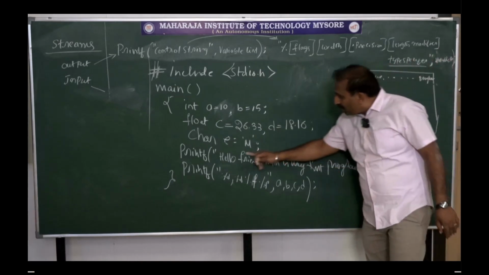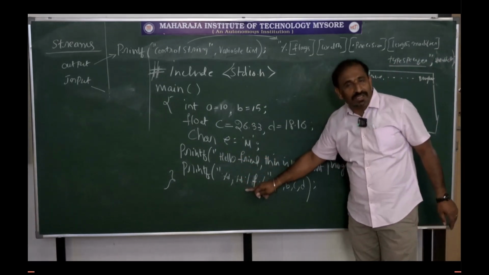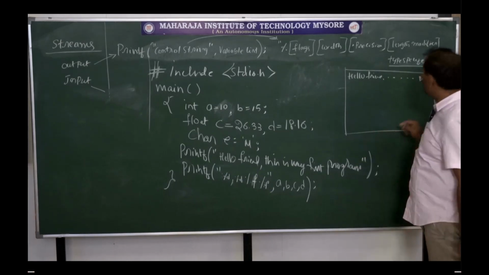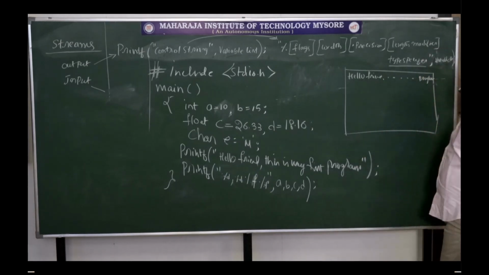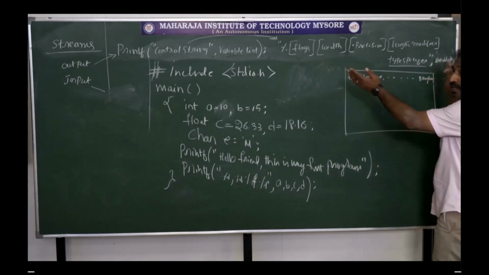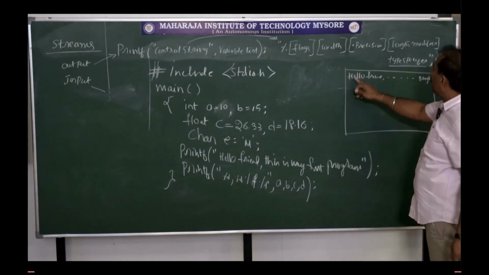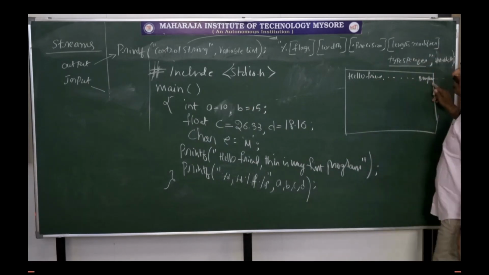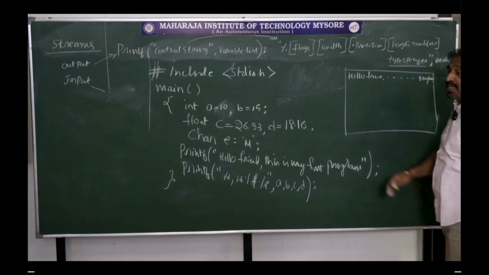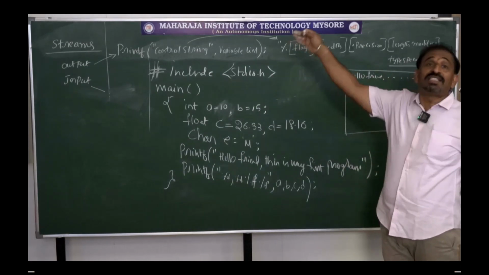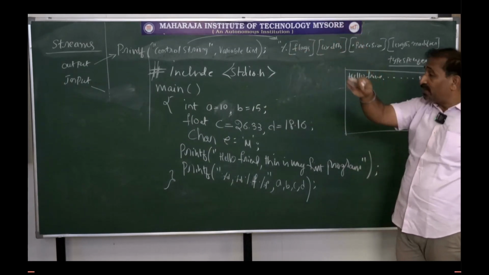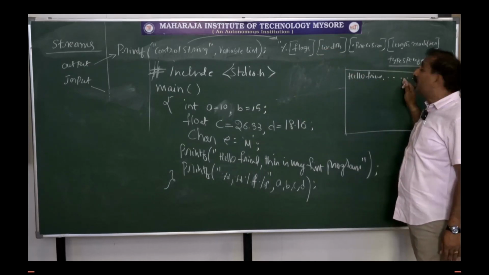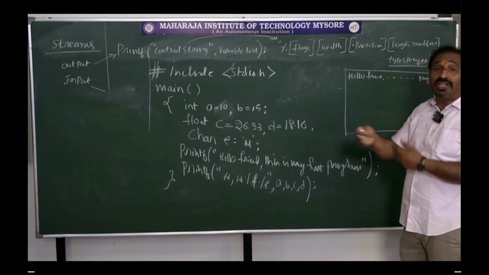Does it print on the next line? No, it doesn't. It continues here only, because on the board I have written hello friend, this is my first program. After that there will still be some space in the line. In one line of the monitor you can have so much text, so it prints in continuation.